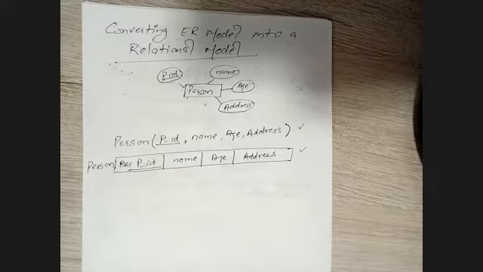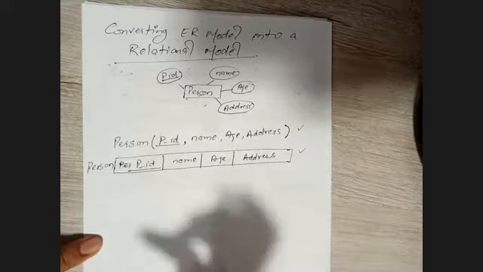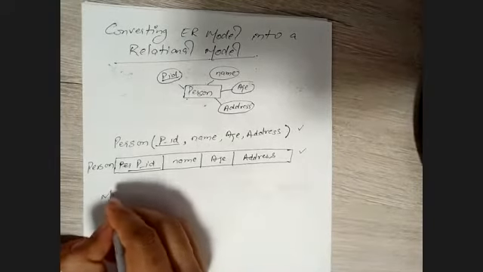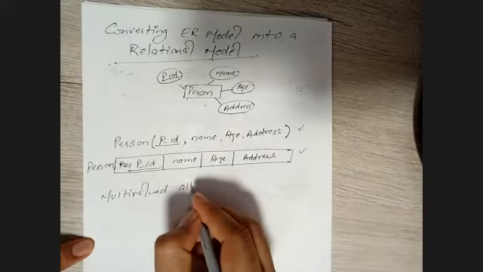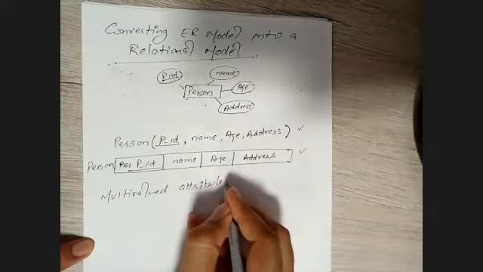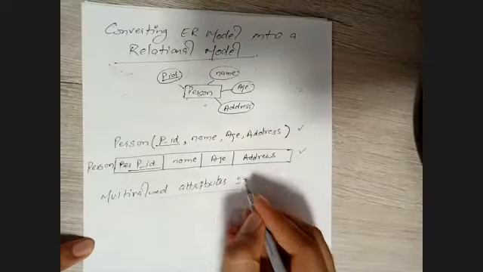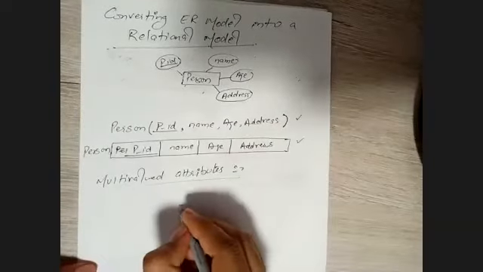There are only one or two points that you need to take care of. For example, when we have a multi-valued attribute, how will you do it? For example, let's say there is an employee.